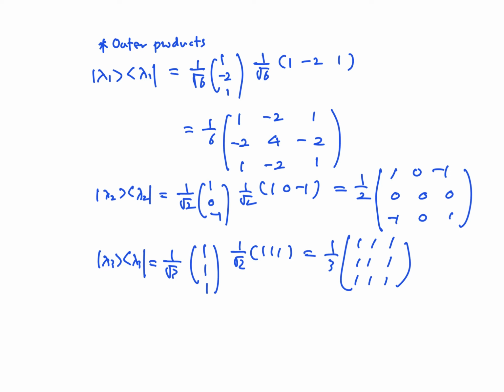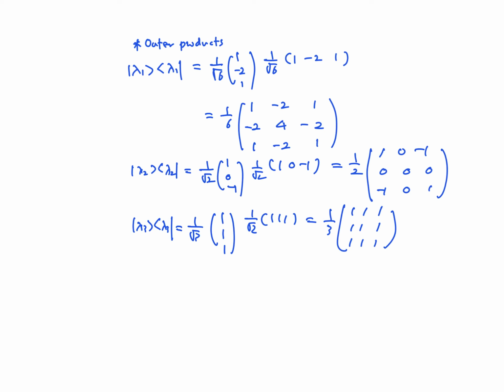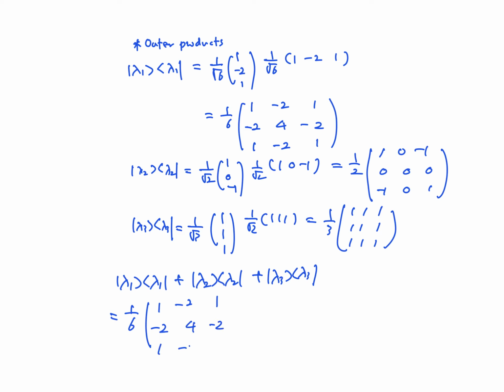So let's check first: lambda 1 outer product plus lambda 2 plus lambda 3. 1 over 6, (1, minus 2, 1; minus 2, 4, minus 2; 1, minus 2, 1).